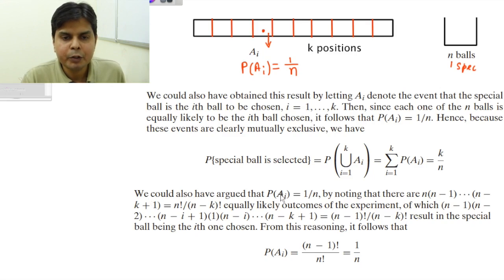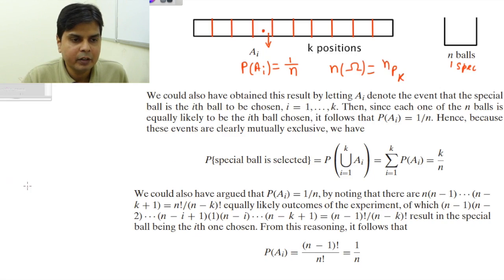You see, this probability of Ai is equal to 1 by n, I can derive using this method also. Suppose I have to find the probability of Ai, so what will be my n(omega), that is the sample space? Basically I have to arrange n items in k positions, so that is nPk, which is nothing but n factorial by n minus k factorial.